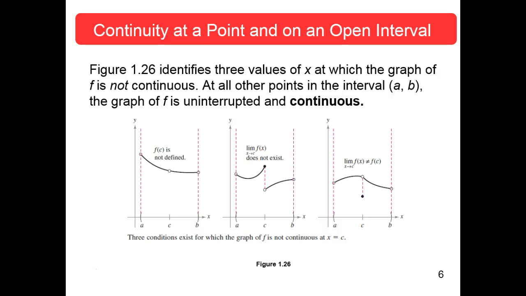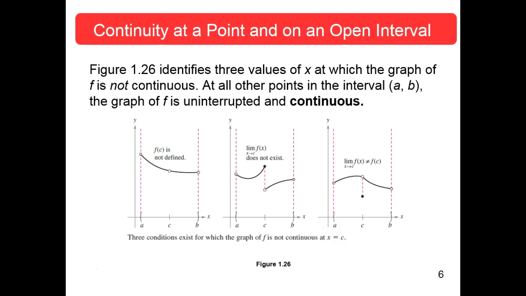Okay? Now this one, f of c is not defined. Okay? And we already had an example of one like this. Remember when we did our factoring and dividing out a common factor? That left a hole in the graph. That's sort of like this one showing right here. Okay? That's how you would get a hole in the graph. It's not defined at x equals c.